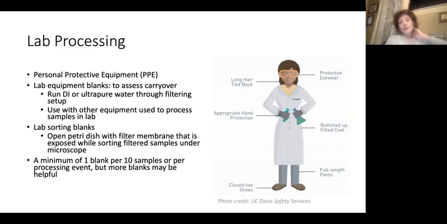So for lab processing, really important to be wearing personal protective equipment that is microplastic compatible. So you want to have a buttoned up fitted coat, but it should be cotton. And surprisingly, it is not easy to always find 100% cotton lab coats.